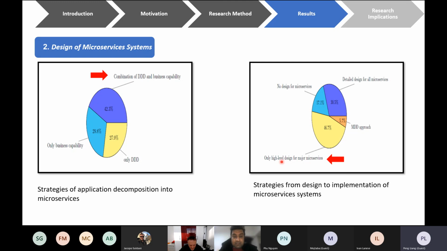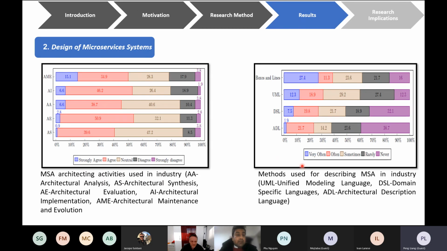Four interviewees mentioned that high-level design is enough to visualize the identified microservices and their major functionalities. It also shows the communication and orchestration style between microservices. They also indicate scalability points for each microservice, and it is fine for identifying insecure points in the microservices system. So these are a few reasons for only high-level design for microservices systems.